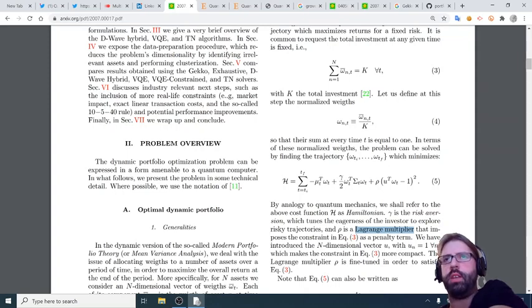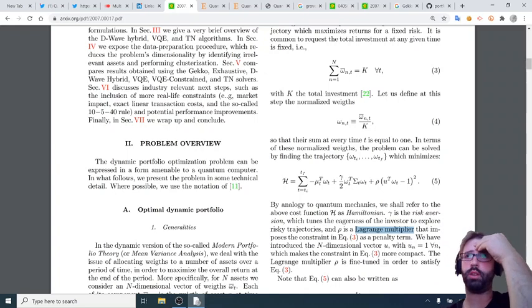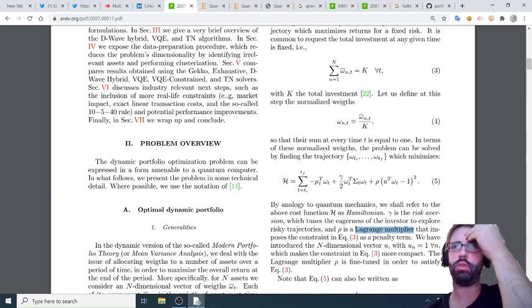I don't actually know, it's not obvious what the quadratic terms are in here, to be honest.